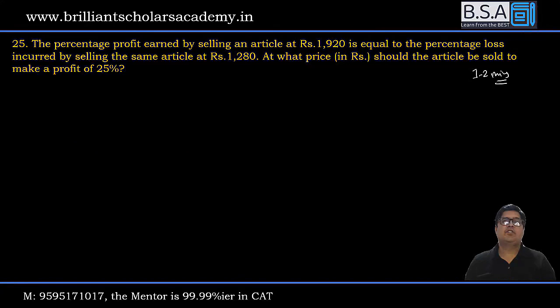Profit percentage earned by selling an article for rupees 1920 is equal to the percentage loss incurred while selling the same article for rupees 1280.